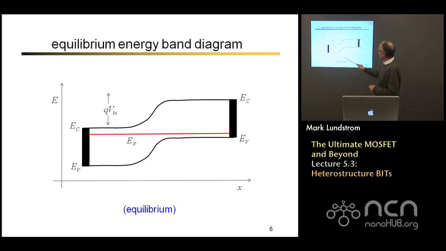Our equilibrium energy band diagram will look like this. The Fermi level must be constant in equilibrium, near the conduction band on the N side, near the valence band on the P side. And there is a built-in potential between the N and the P region that was set up by this charge movement from one side to the other, and which now maintains equilibrium conditions.